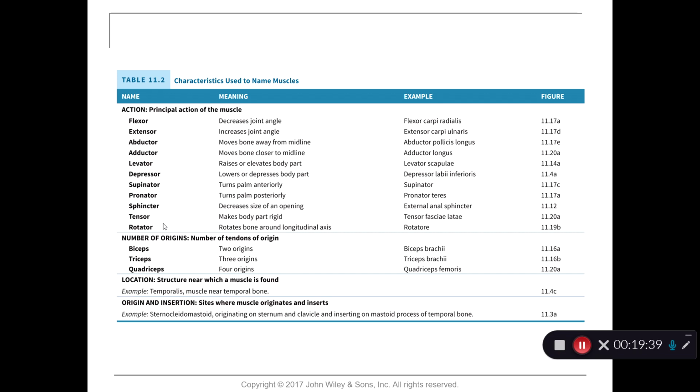Adductor is adding your limbs back to the midline. Levator is elevating. Depressor is depressing something. Supinator, pronator. Sphincters being an opening; there's always a couple of them. Rotator, I'm guessing you already know that. It rotates. Number of origins: triceps, 3 origins; biceps, 2; quadriceps, 4 origins, which there are quite a few different types of muscles.